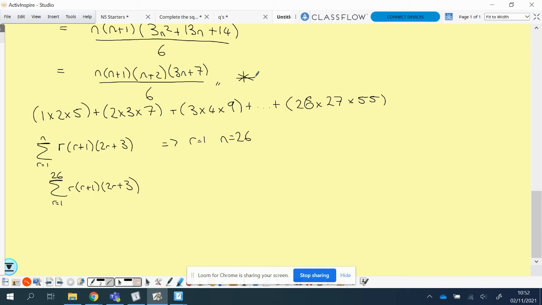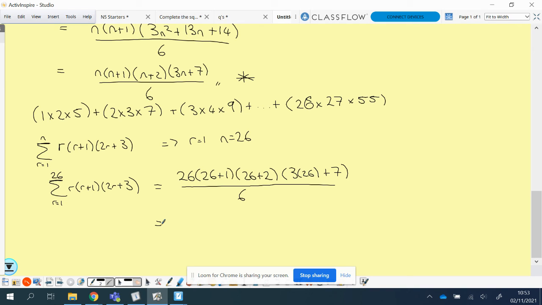The only difference is I now know that n is 26, so to get the evaluation, I'm going to substitute n is 26 into that final answer. So it's going to be 26 times 26 plus 1 times 26 plus 2 multiplied by 3 lots of 26 plus 7, and all that divided by 6.